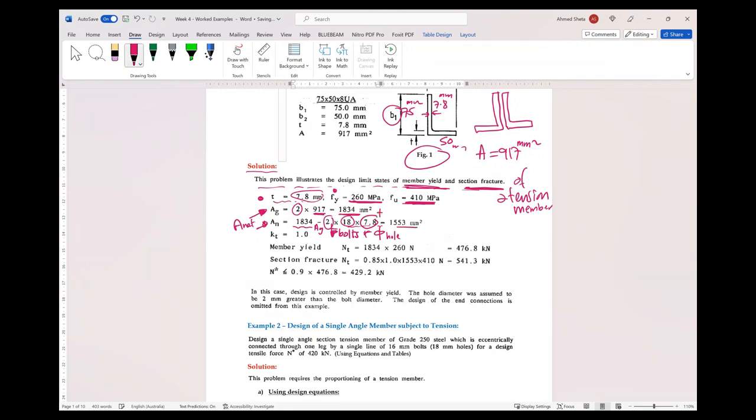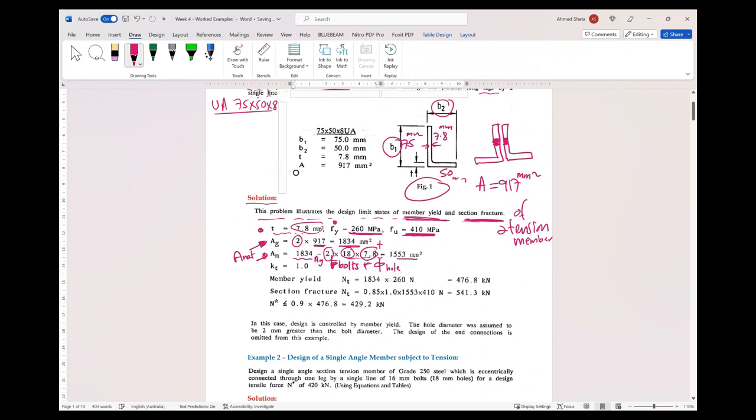So this means that we have one single line of holes, as mentioned in the question. The hole diameter is 18 millimeter. So we subtract these two holes from the total area to get the net area, each one being 18 times the thickness, which is 7.8. So we can get the net area.